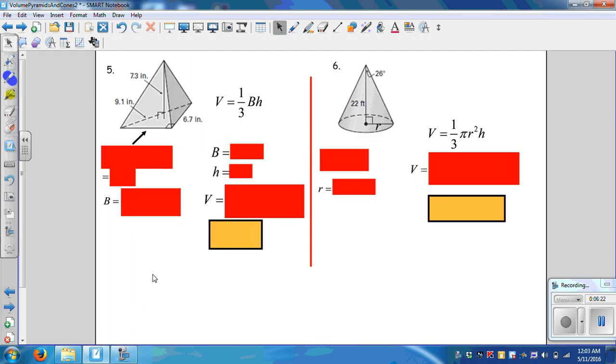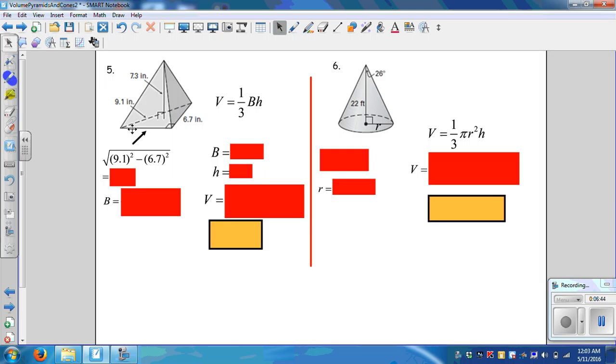Number 5. So in this case we have a base that's a triangle, and they're giving you the height of 7.3. But what you will notice is with this particular base, you have a right triangular base, and I know the hypotenuse but not one of the legs, which I need to use to calculate the area of the base.